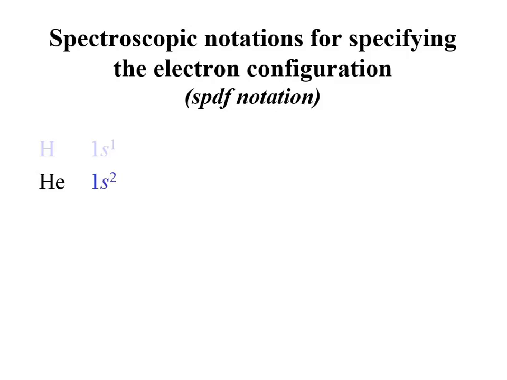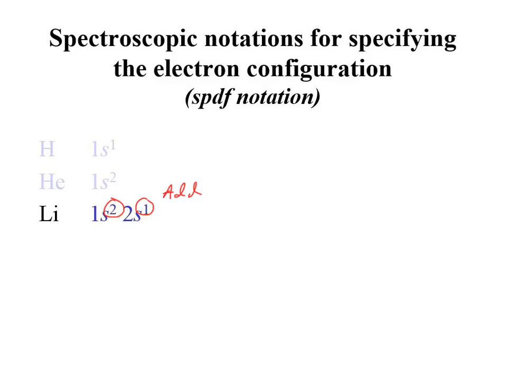Helium is 1s2. But don't forget that little 2 is a superscript. For lithium, the 3 electrons would be 1s2, 2s1. And this is where I tell students, if you're ever wondering how many electrons you have accommodated with your electron configuration, all you have to do is add up the superscripts.